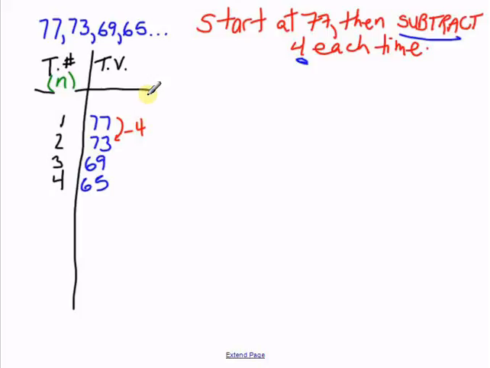So instead of adding a number each time, the decreasing patterns subtract by the same amount each time. So in this case, it's 4. Could be any number. So right now, it's really similar to when we did the growing patterns. What the difference is we're subtracting. The numbers are getting smaller. But for me to find the 10th number of this pattern, most kids are comfortable just extending the chart.